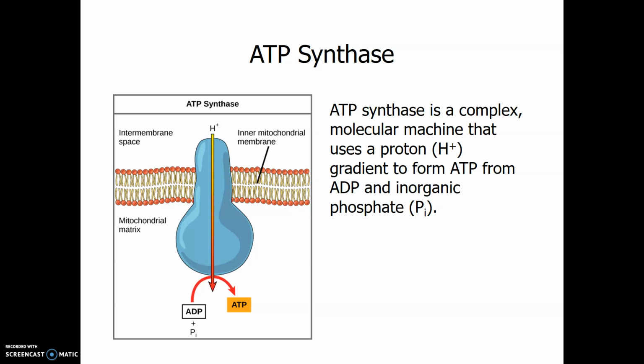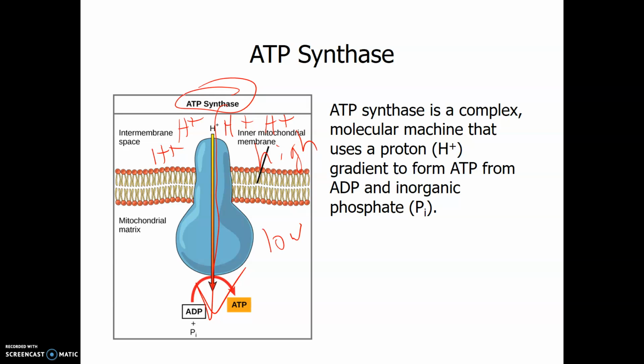And then once the hydrogen ions build up in this intermembrane space, once you have a high enough concentration of hydrogen ions in this intermembrane space, they're going to flow by diffusion from their high concentration to their low concentration back into the mitochondrial matrix through this enzyme called ATP synthase.